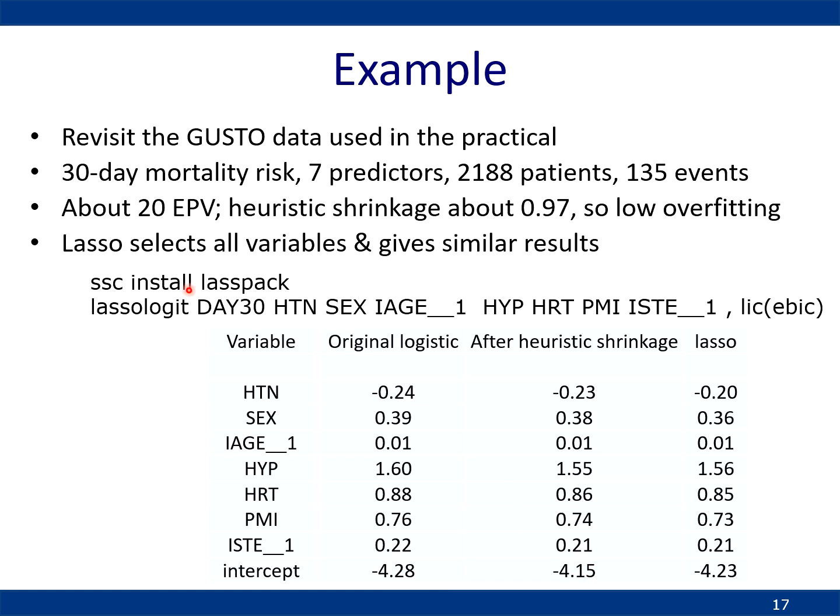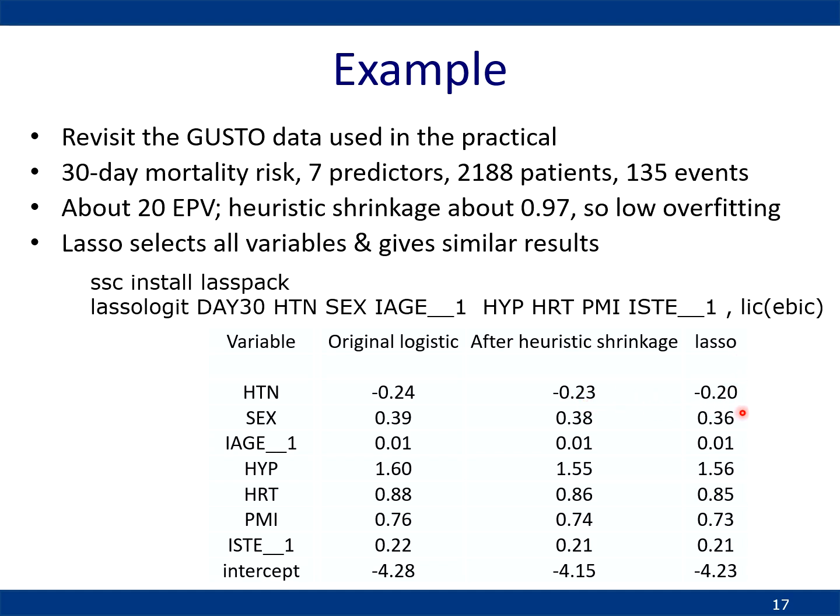Let's try Lasso. So in Stata, for example, there's a package called lassopack, and we can use lasso logit to apply the Lasso regression to the coefficients. So the model is fitted, and at the same time the penalty term is in there, so we get penalization during model estimation, and we see that the Lasso estimates are very, very similar, aren't they, really?